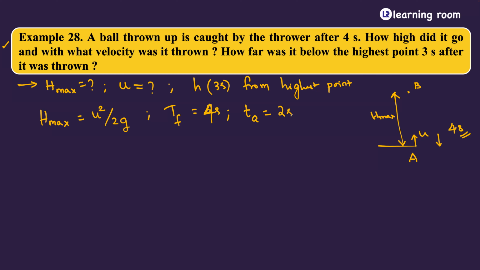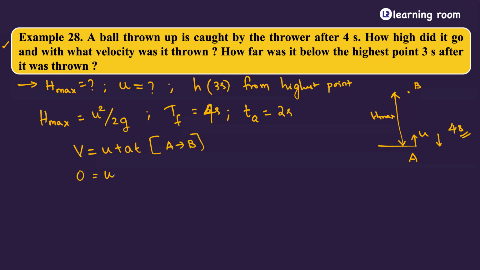So using this, I will use the formula V is equal to U plus AT. So this is for which journey? This is for the journey A to B. When it goes from A to B, at point B the object comes to rest. If I take the initial velocity to be U, it is in the upward direction.